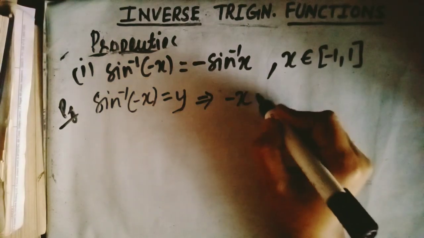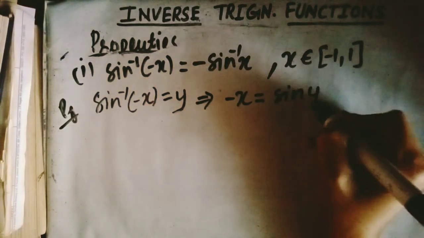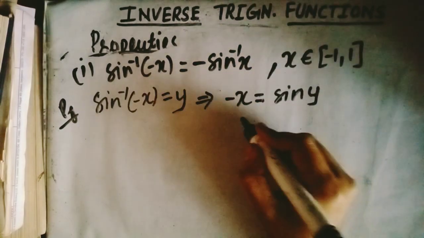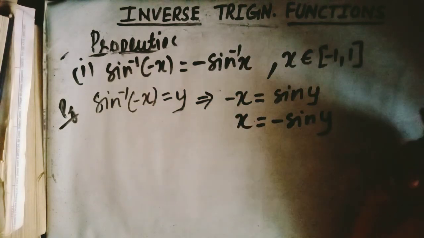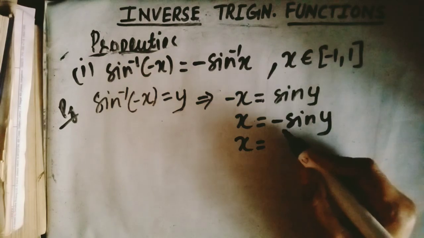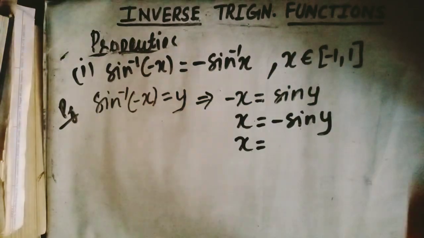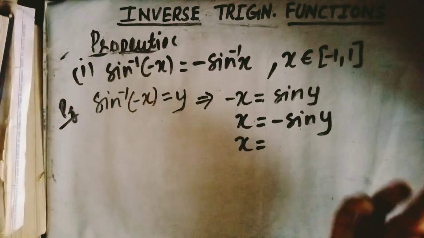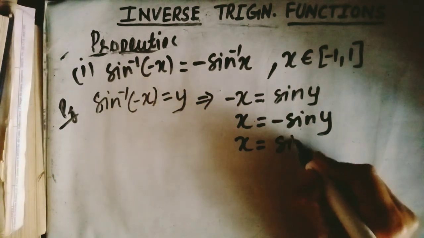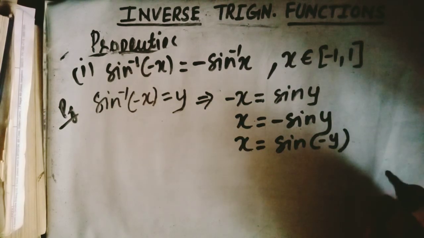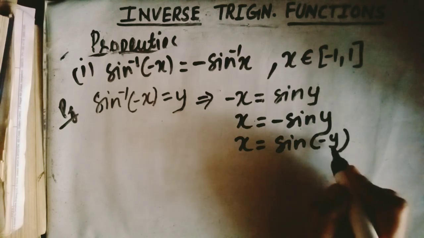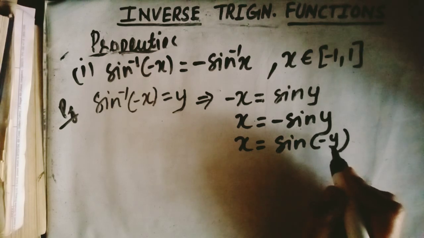So we can write minus x equal to sine of y, so that x is equal to minus sine of y. We know that minus of sine theta is sine of minus theta, from our trigonometric functions we have already known that. So sine of minus y. So minus x is equal to sine of minus y.